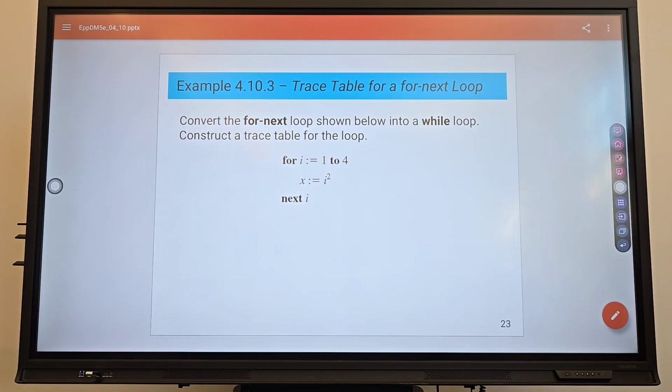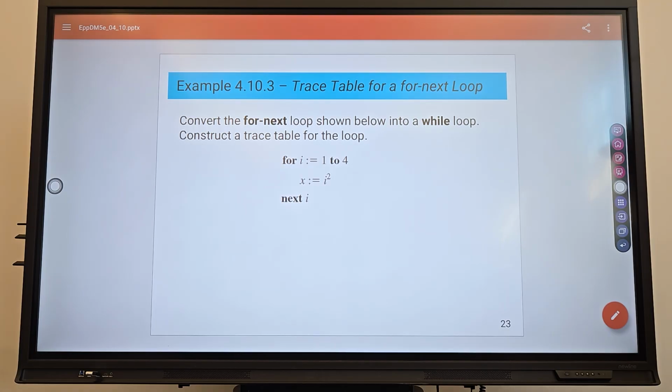While I is less than 5, or less than or equal to 4, x equals I squared, and I equals I plus 1. And then end the while loop.